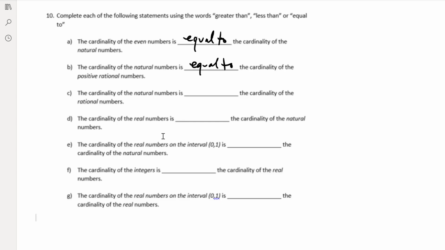What about the cardinality of the natural numbers and the cardinality of the rationals? So this was specifically the positive rationals, and here I just have the rationals, all of them, that is including 0 and all the negatives. Well, if you already confirmed that the cardinality of the naturals and the positives is equal, to extend to the rationals generally, including negatives, you could just count back and forth, positive and then negative, and then back to a positive and a negative.